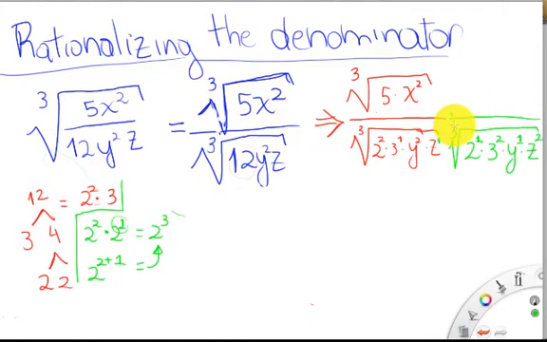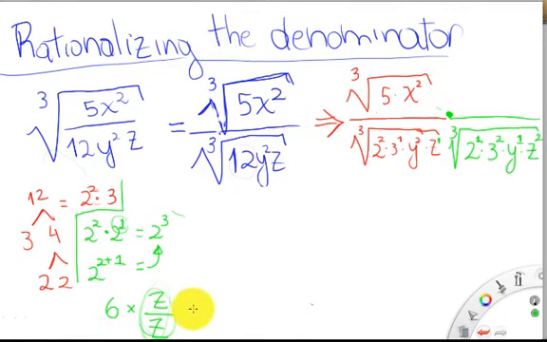Now, because I don't want to change the value of this expression, my original expression is this one. I can only multiply by something that has no value, and the only thing that we know has no value under multiplication is 1. For instance, let's say that I have 6, and I multiply it by z divided by z.